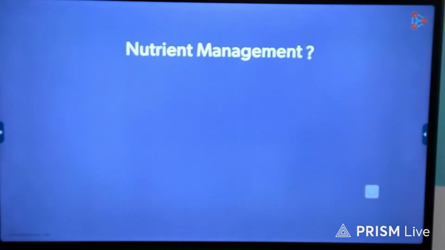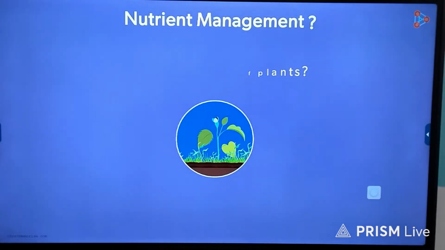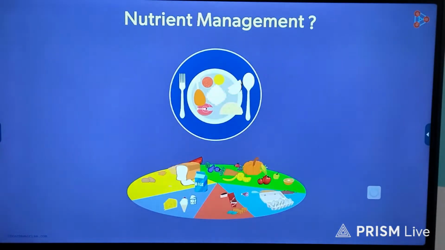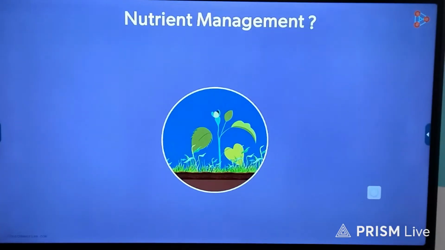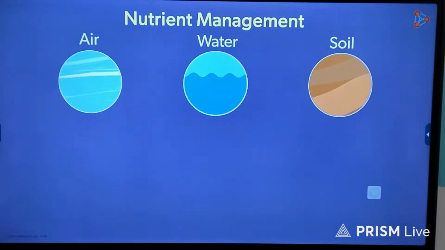What do we mean by nutrient management? How can we manage the nutrient intake of plants? We all require food for our growth and survival. We also choose food items we need the most and eat those nutrients which our body lacks. Similarly, plants too need a variety of nutrients. They generally need about 16 nutrients in all. From where do you think they get these nutrients? Plants are in contact with the air, water, and soil. It must be these very places which provide them with nutrients.